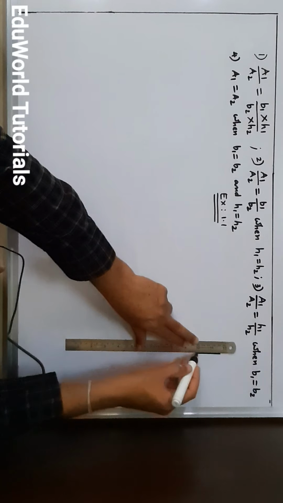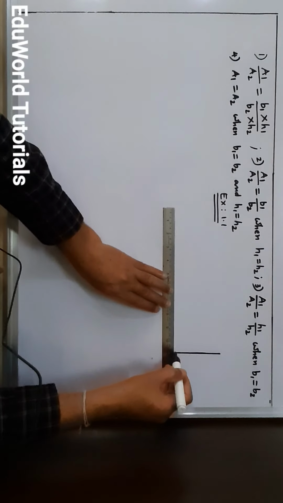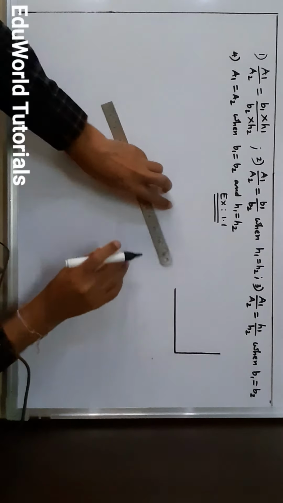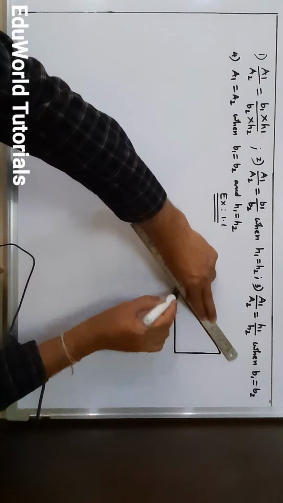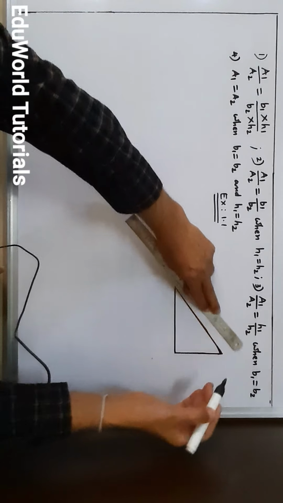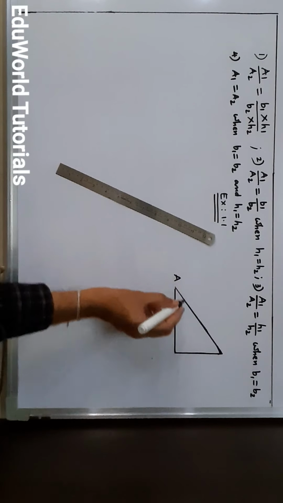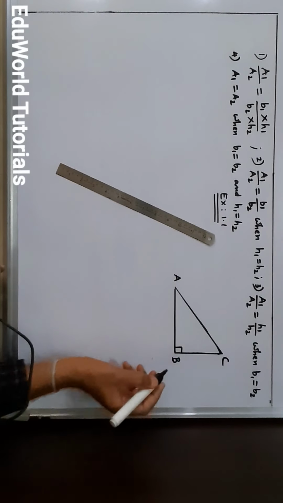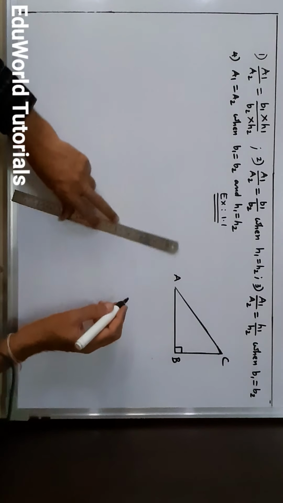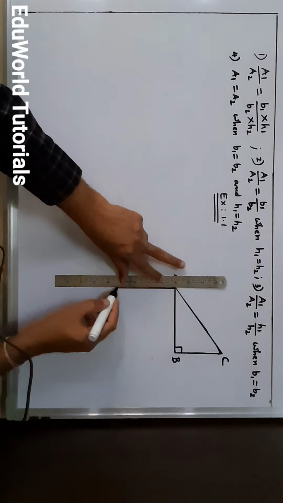There are two triangles. This is one triangle. The name of this triangle is triangle ABC, which is a right angle triangle, right angled at B. And another triangle is given this way.